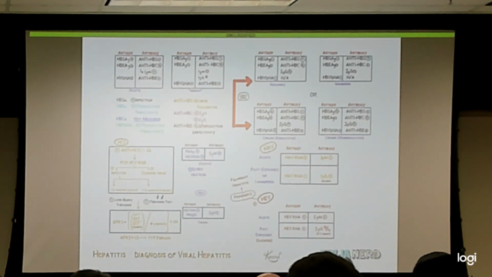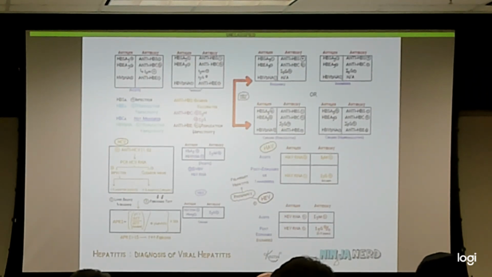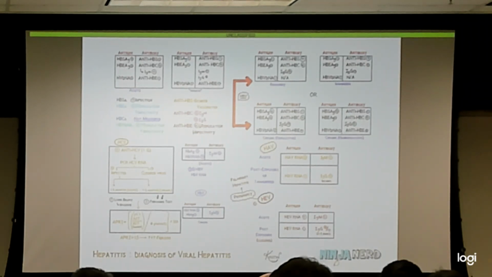And then you could do chronic, where they're replicating, so the chronic replication and infective stage, versus the chronic non-replication. So they still have the chronic infection, but they're not infective. And then it gives you a little stuff about hepatitis C, D and E on there as well. So you guys can look that over.